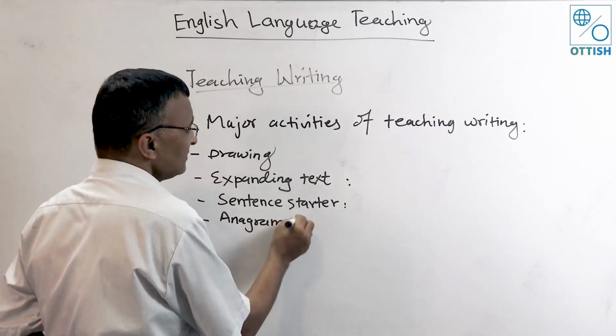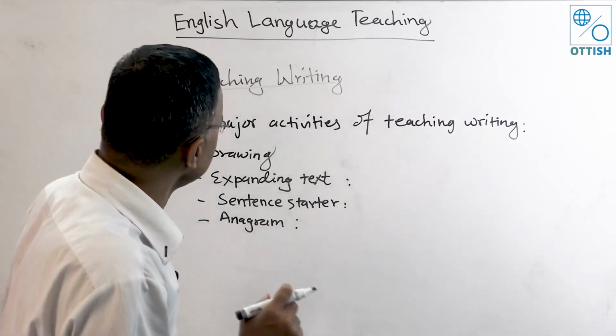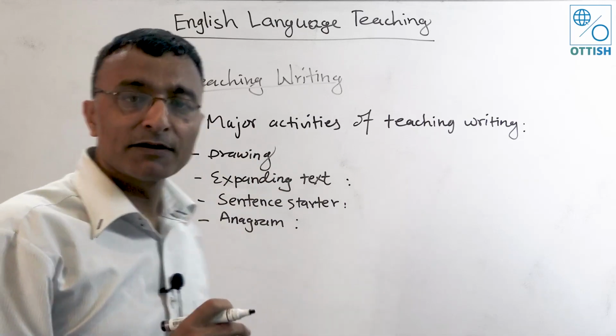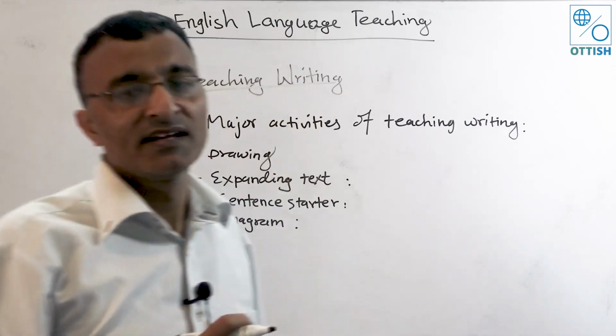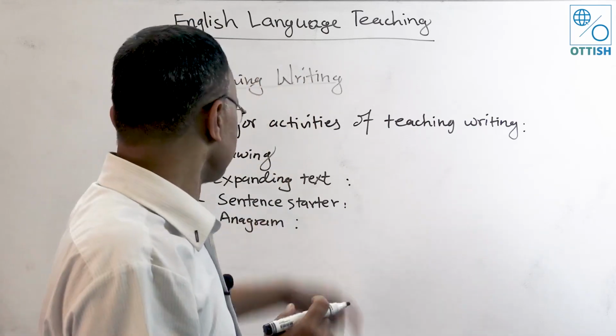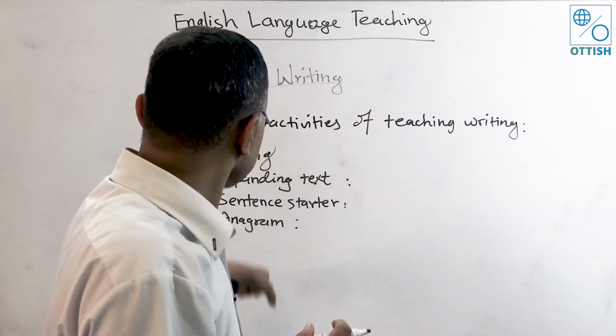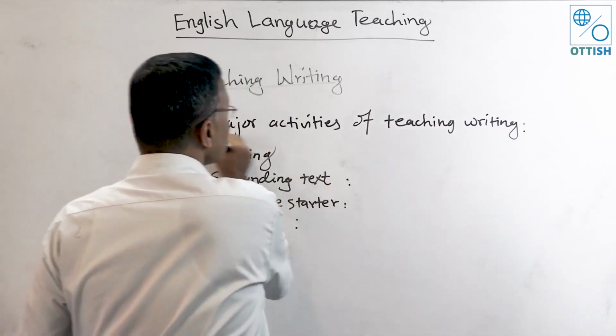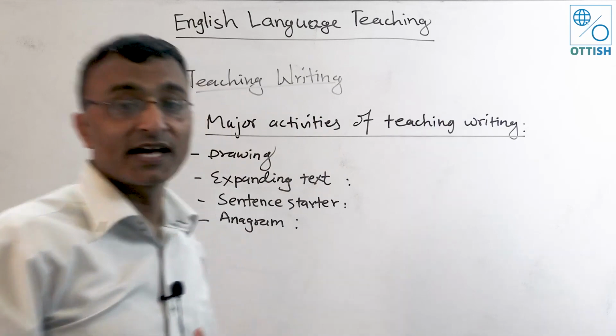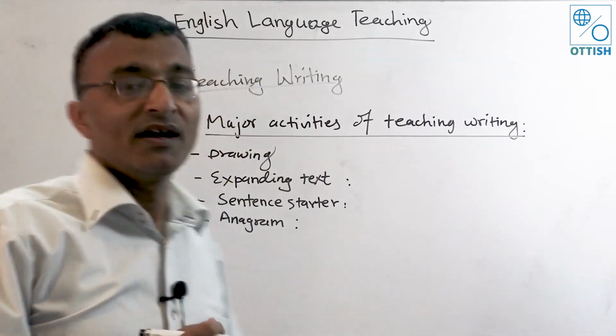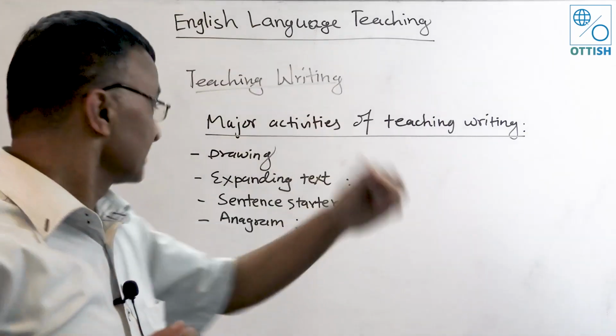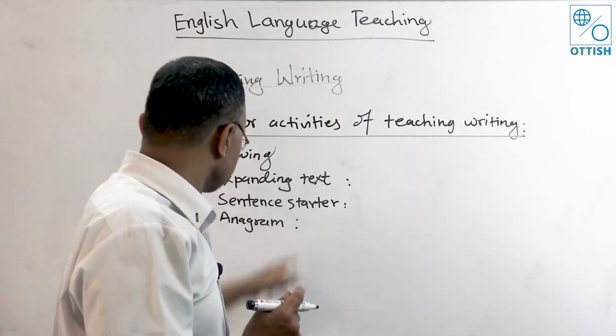In primary level, generally this type of writing activity is appropriate for beginners or elementary classes. Generally in primary level, these activities are carried out. They are much important there. Anagram. First of all, what is anagram? Let us discuss.